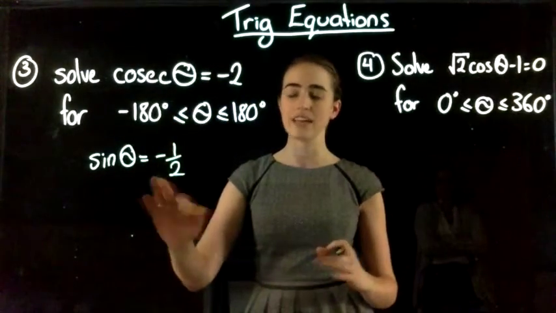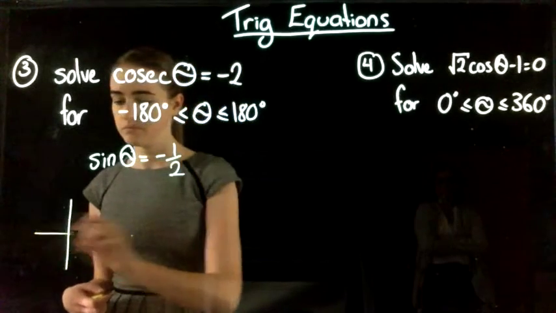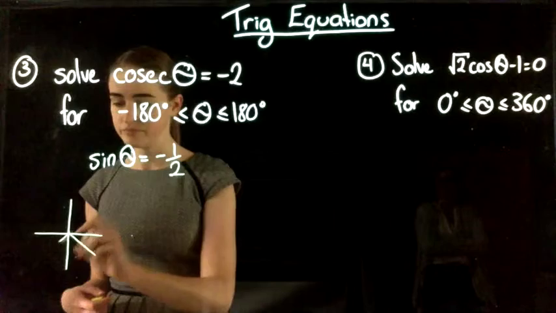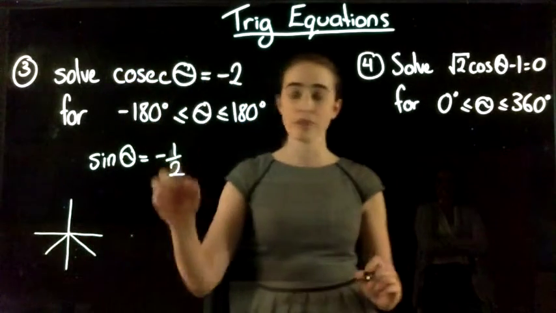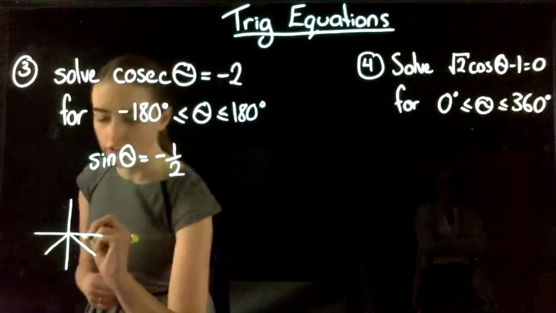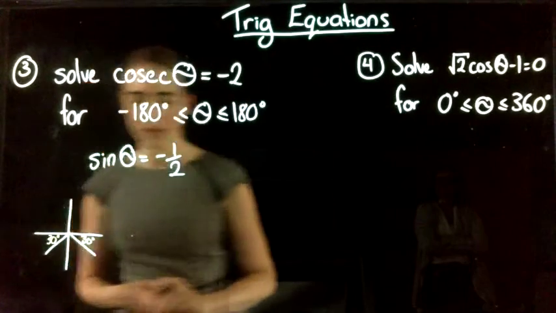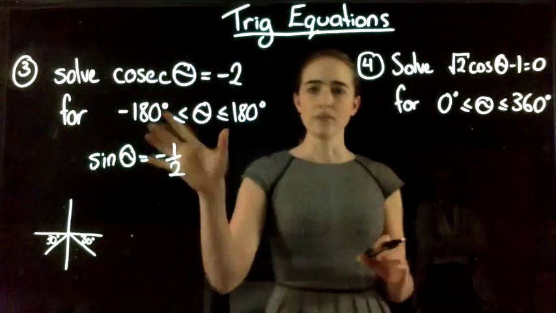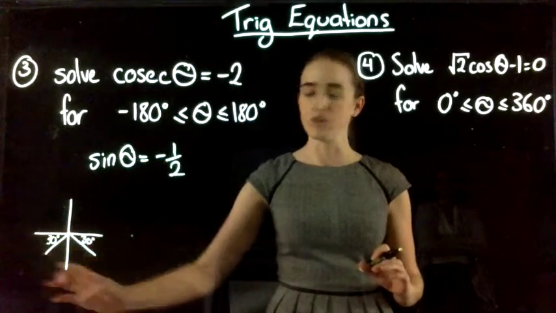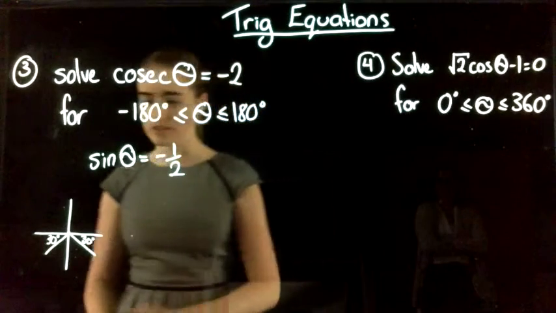We know that sine is negative, so that's going to be our third and fourth quadrants. From our related angles, we're going to have 30 degrees. So we've got 30 degrees here, and 30 over here as well. Now where this domain comes into it, we're not going to read anti-clockwise like we usually do. We're going to read in two different directions.